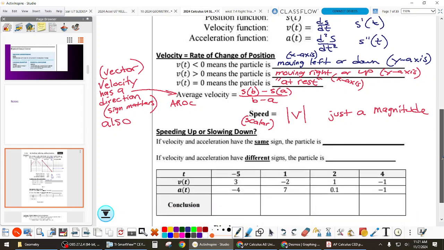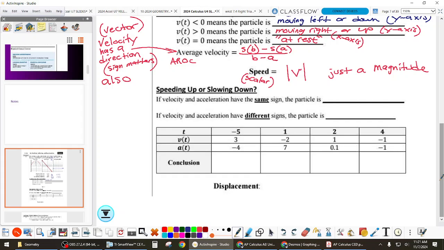Alright, here's the speeding up, slowing down stuff. If velocity and acceleration have the same sign, what do you think is happening? Yeah. One thing that I think students are sometimes confused about is we can be going what we consider the negative direction and be speeding up and going fast, right?